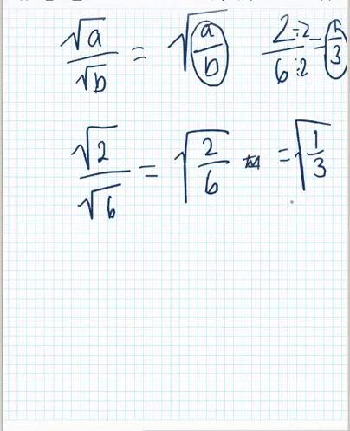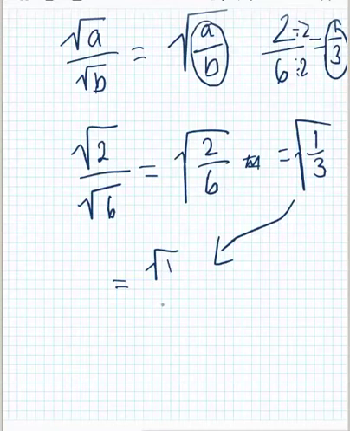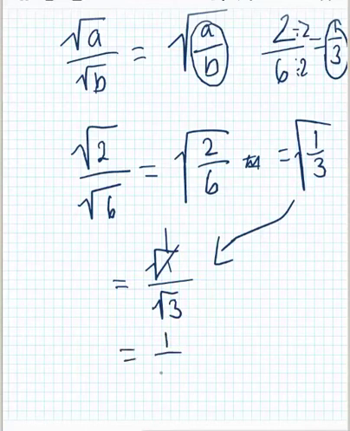You can put them back under their own square root. So we have the square root of 1 over the square root of 3. And we know that the square root of 1 is just 1, because 1 times 1 is 1. So our final answer would be 1 over the square root of 3.